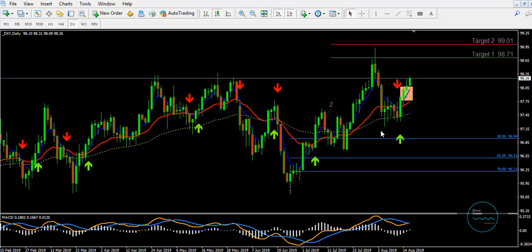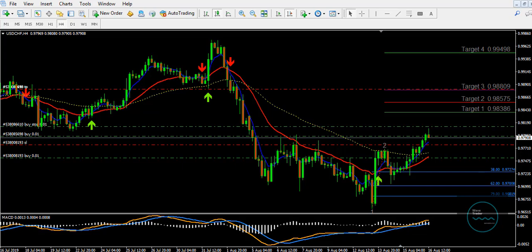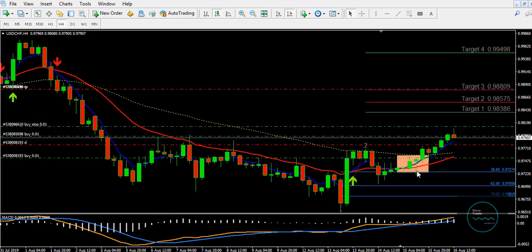So when I saw this yesterday on the dollar index, I went to the Swissy, and price was in this region. If you can see my rectangle, price was in this region. So I came to the 4-hour chart and I saw this.